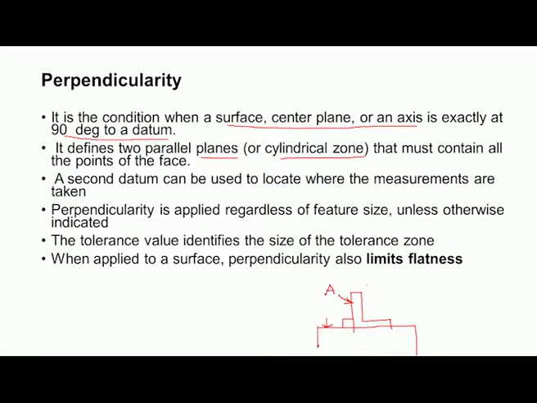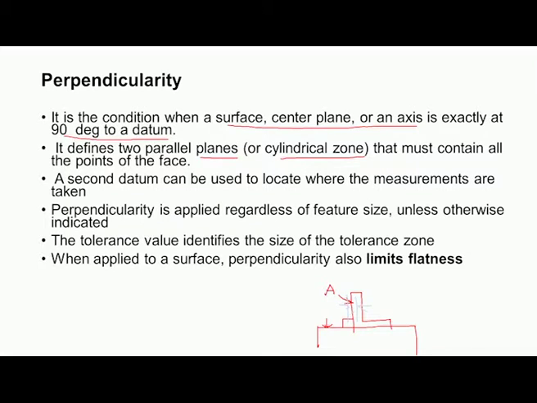Now, what we have to do is we have to consider two planes like this. So, this is one plane and this is another plane. If all the points on this particular surface are within these two planes, then we say this surface is perpendicular to the datum surface.